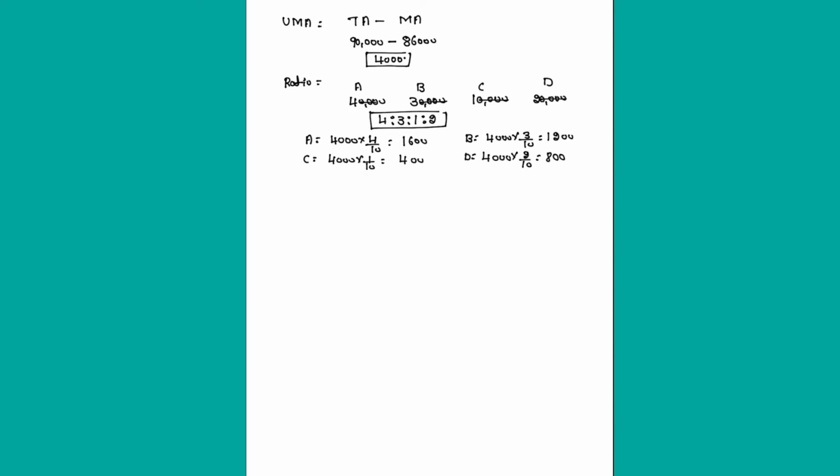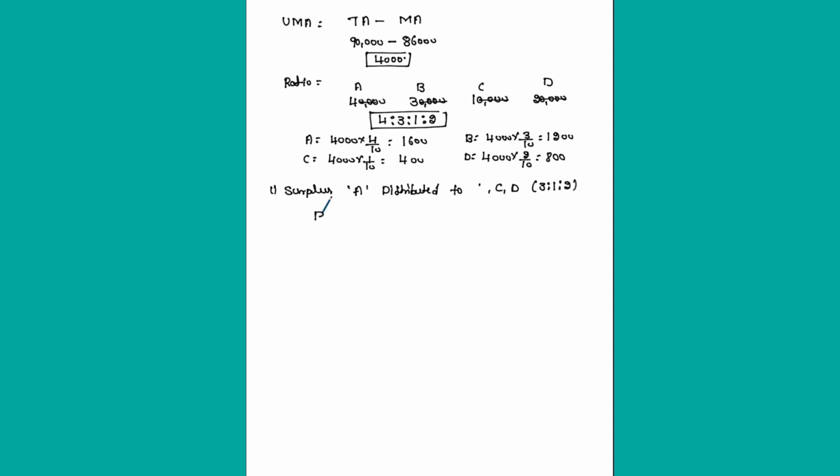So how will we distribute? Surplus of A distributed to B, C, D in the form of ratio 3:1:2.